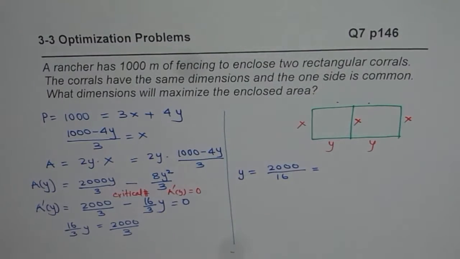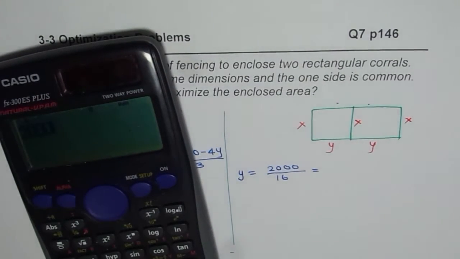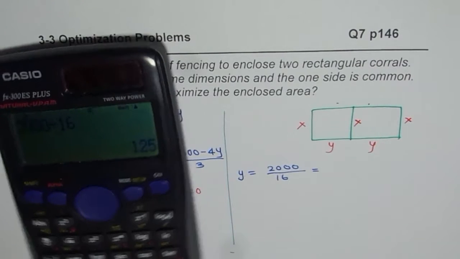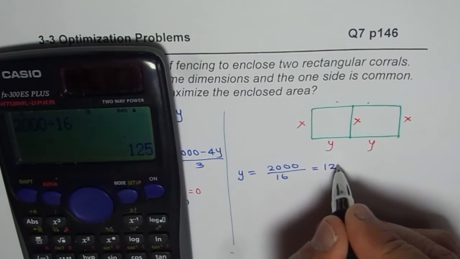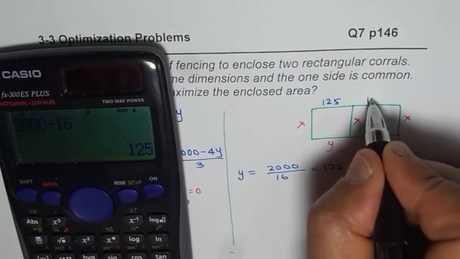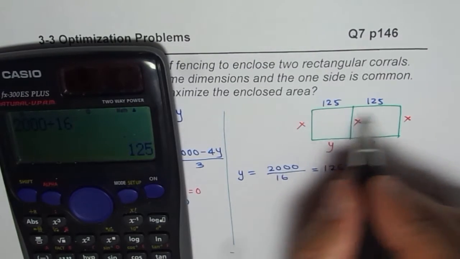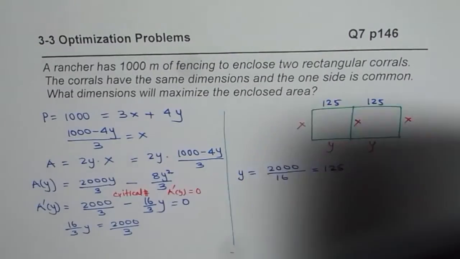You can use the calculator to find the answer. So 2000 divided by 16 equals 125. Now that is this y. That means 125 here and 125 here. So 125 gives us 250 along the length, correct? So that is the y value.